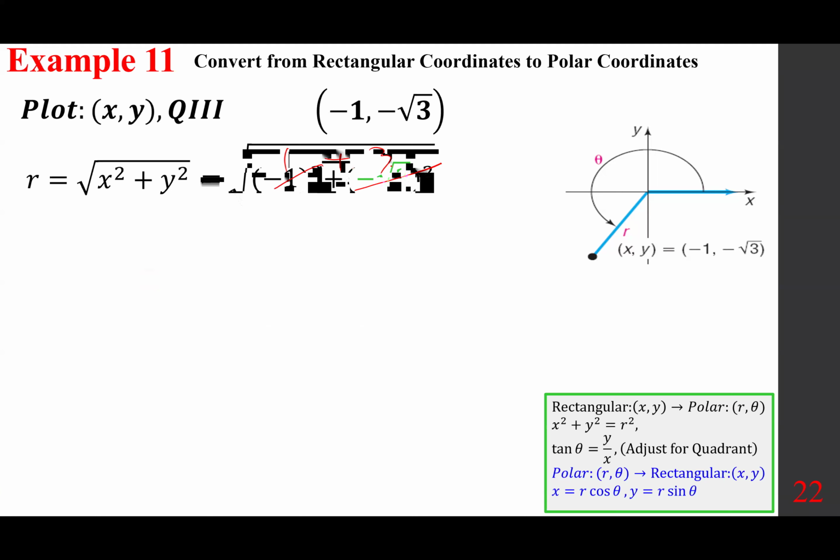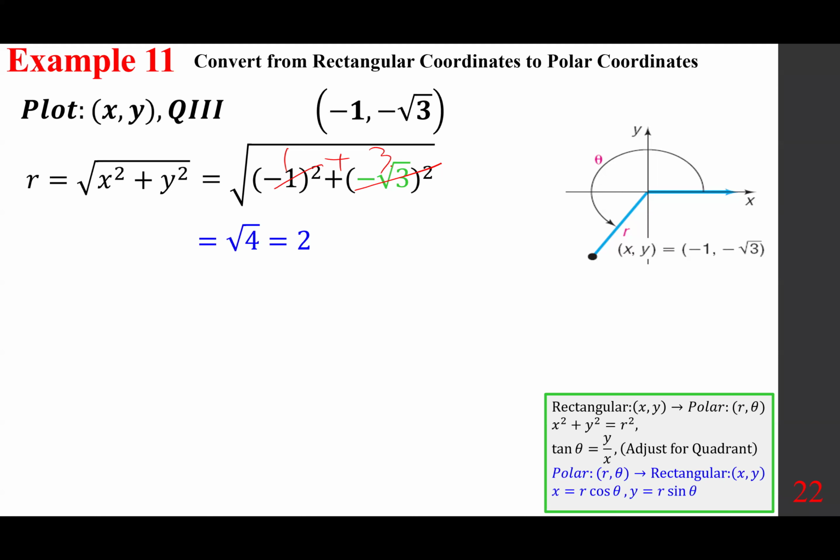We get 4 and square root of 4 is 2. So we got the r. Now we need to find the theta.